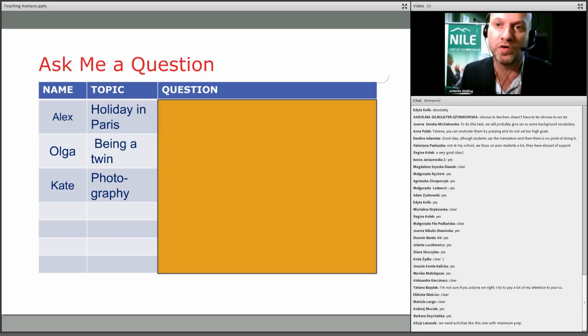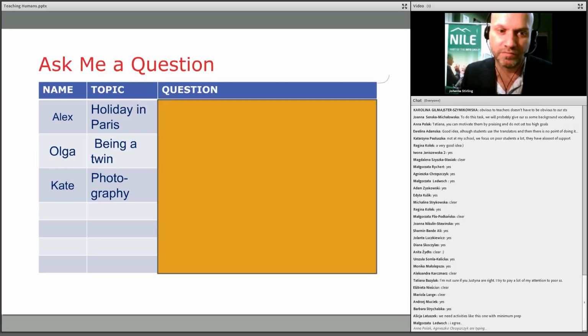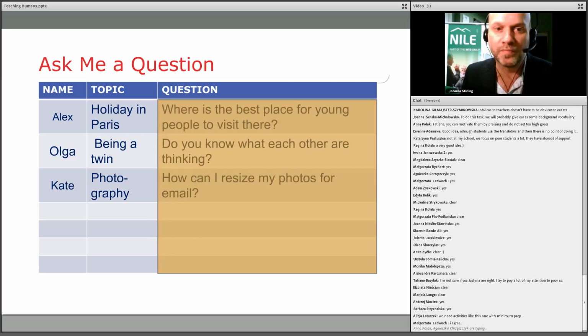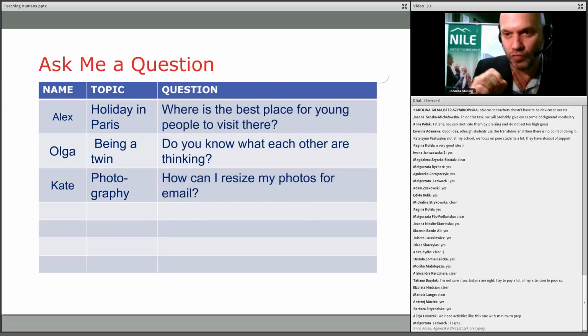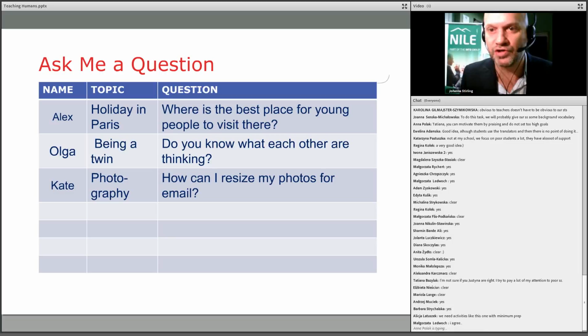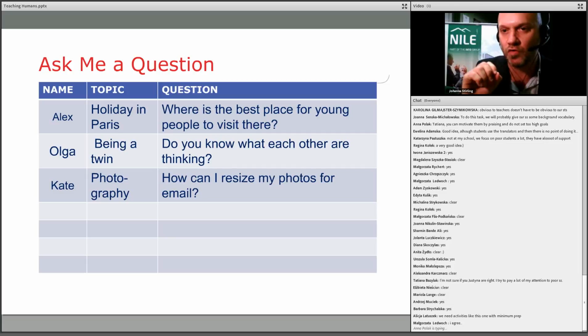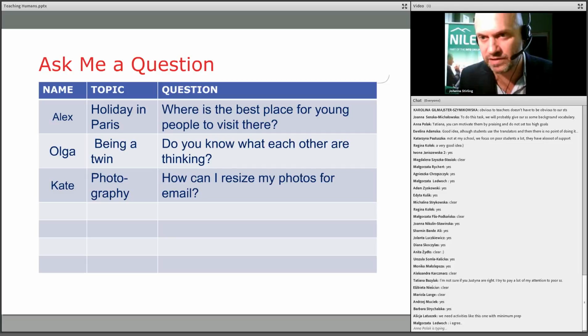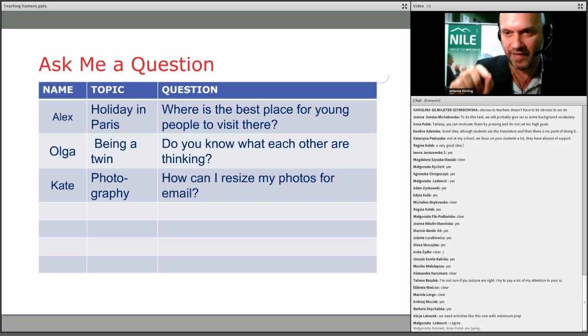Happy in terms of wanting to discuss a lot, or feeling that they can give a lot of information, right? And in the third column, each student with their piece of paper then decides on questions that they will ask that particular student. So questions that they are interested in asking that student about that topic.